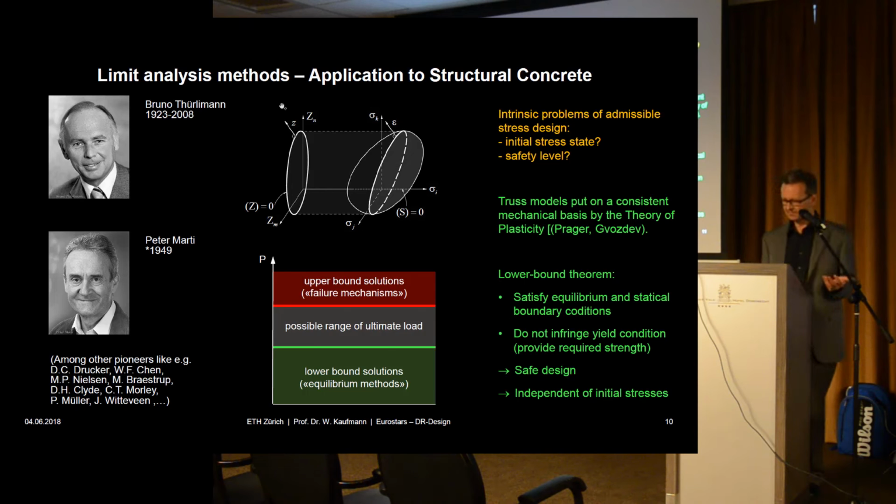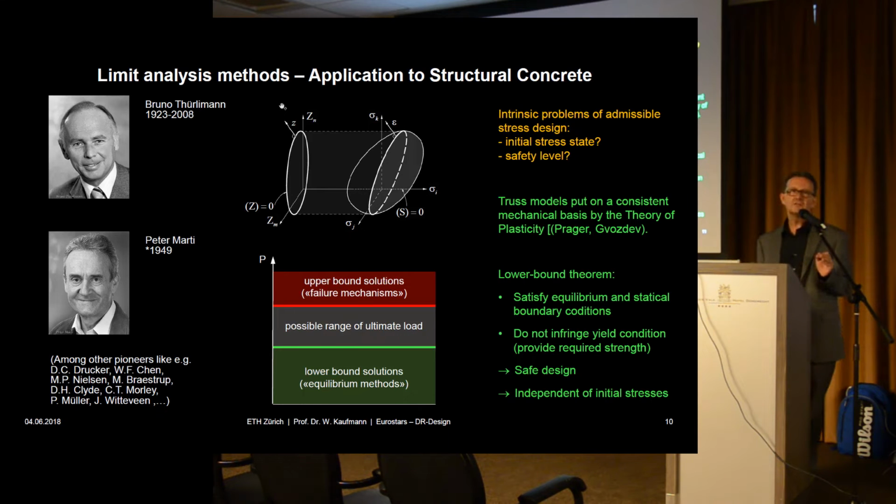They established a lower bound theorem of the theory of plasticity, which many code provisions nowadays are based on, which says that if you satisfy equilibrium and statical boundary conditions, and you do not violate the yield conditions anywhere, as a designer you will provide the required strength, that's equivalent, then you have a safe design. And the ultimate load is independent of the initial stresses, as long as you have enough ductility.